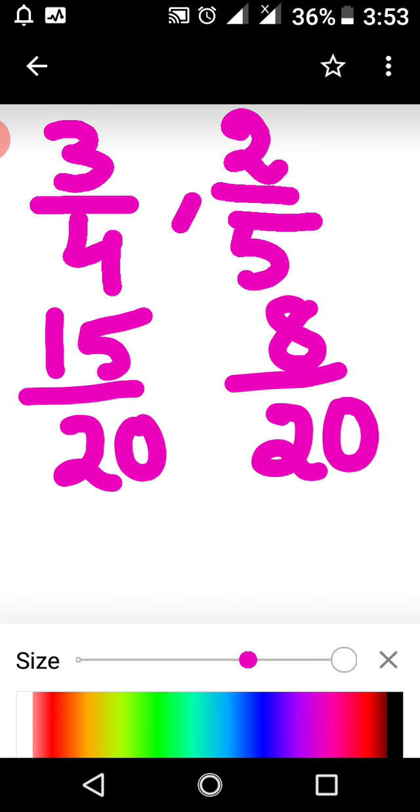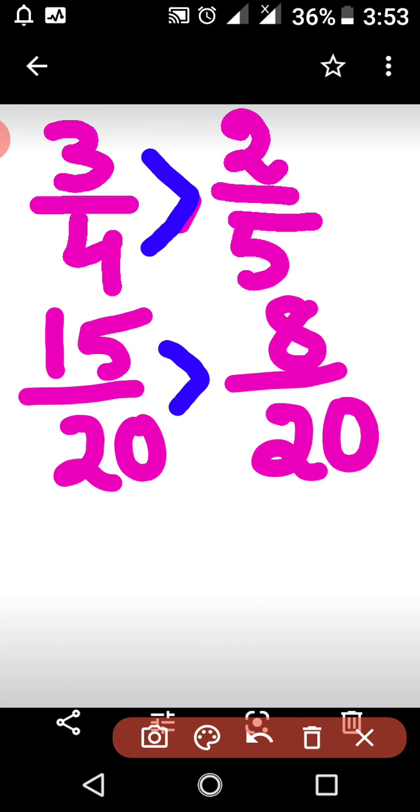Which is greater? 15 is greater than 8, which means 15 by 20 is also greater than 8 by 20. So 15 by 20 means the actual given fraction 3 by 4, which means 3 by 4 is greater than 2 by 5.